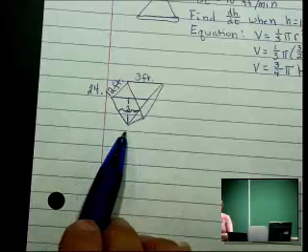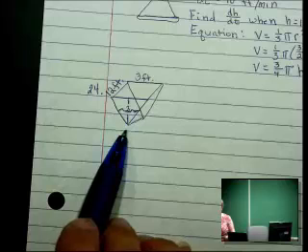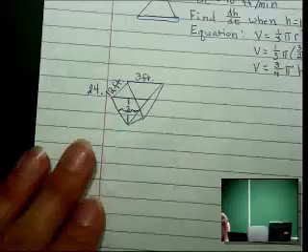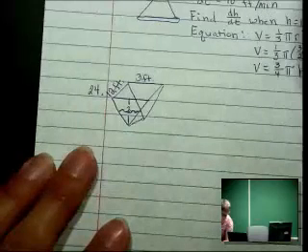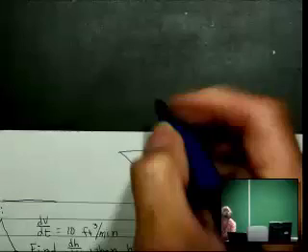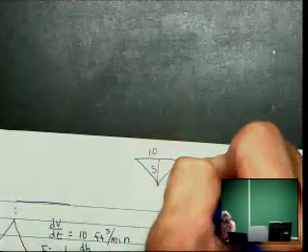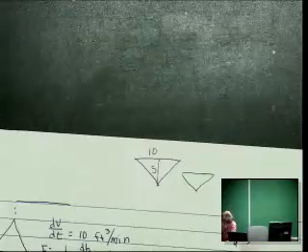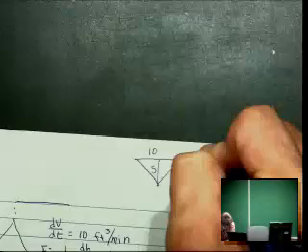If you have a big isosceles triangle whose ratio of width to height is, let's say, 10 to 5, then if I have a smaller triangle whose width is 6, its depth is going to be 3, because those are similar triangles.